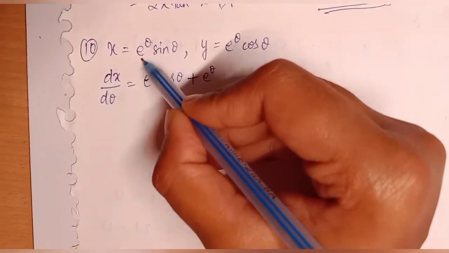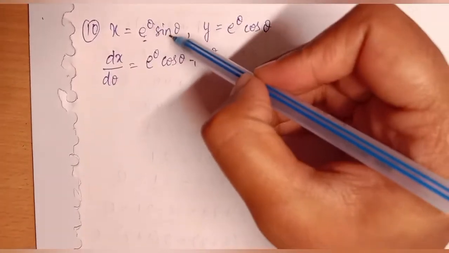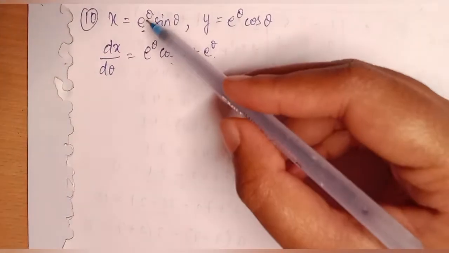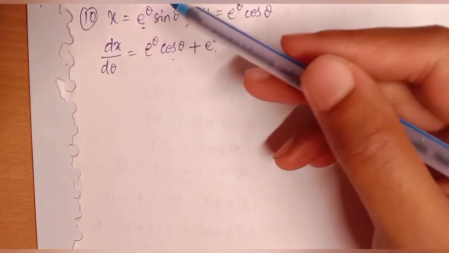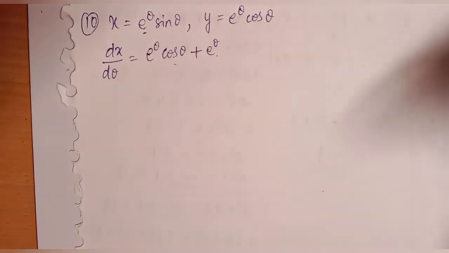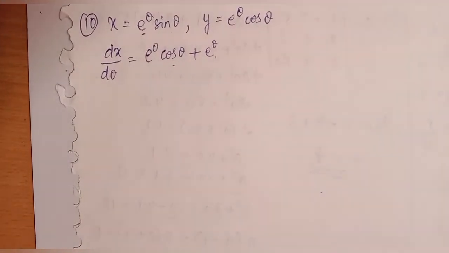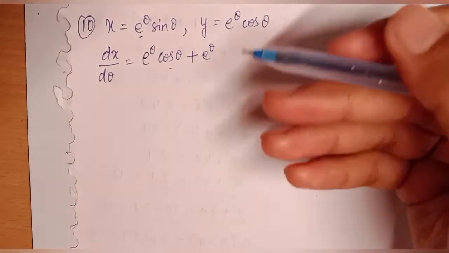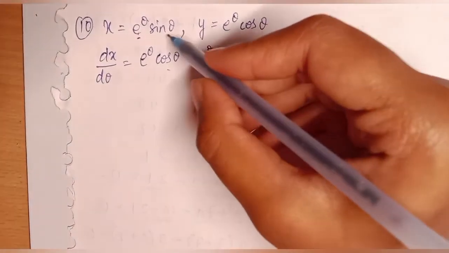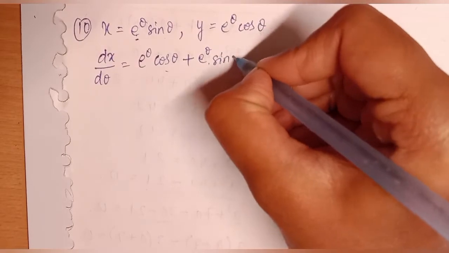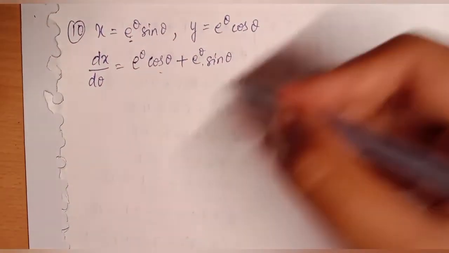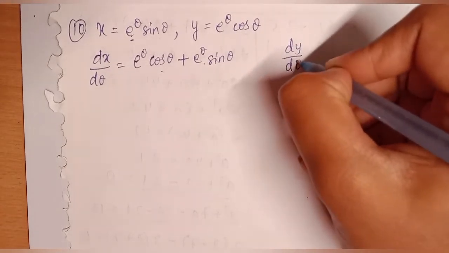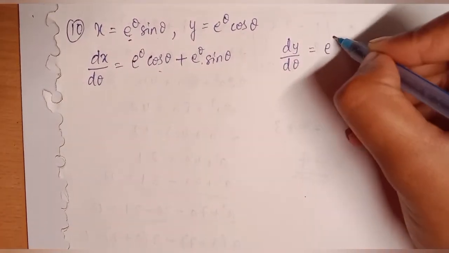Here we have kept e theta constant and differentiated sin theta, which is cos theta, and here we are differentiating e theta. Now the differentiation of e to the power x is e to the power x only. You know this, right? So e to the power theta will also become e to the power theta into sin theta as it is, because this was constant now.